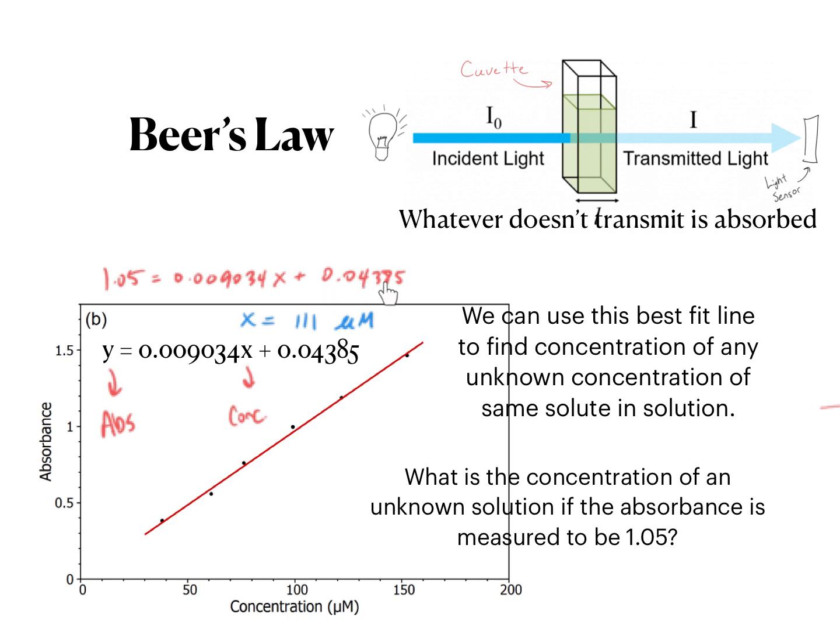So what I did is I subtracted this number onto this side so I can isolate x, and then I divided by the 0.09034, and I got a concentration of 111 micromolar, which is this symbol down here, the concentration. It's not in molarity, it's in micromolarity, so that's a really small concentration. But we predicted it would be just slightly past 100 because I drew that line across and then down, and it was just past 100. Now I know exactly what it is.